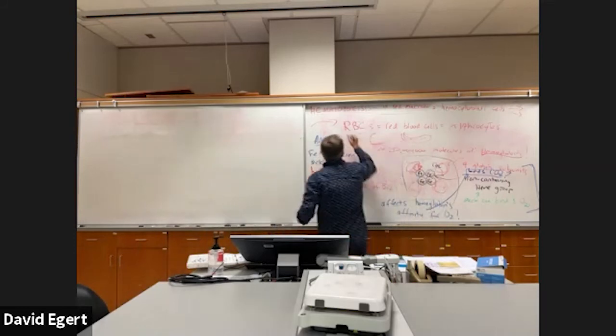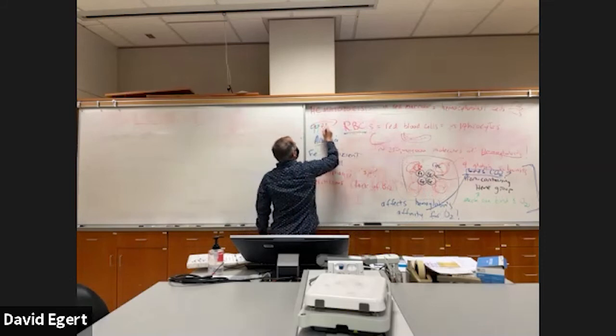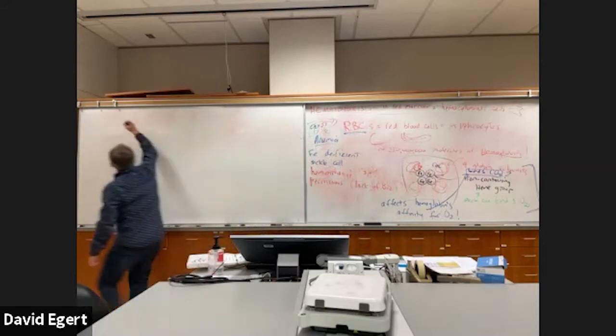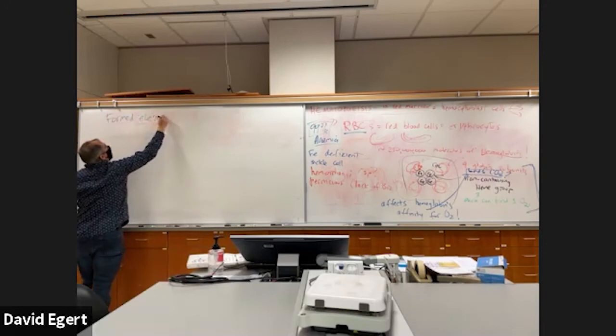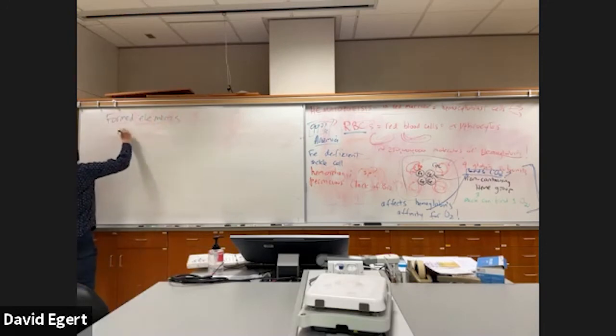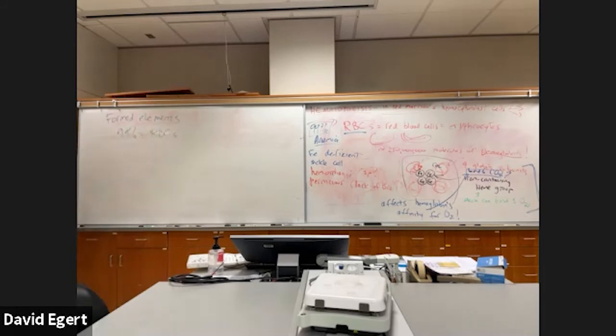Okay, so RBCs. These are maybe 99% of the formed elements. They are almost all of your blood cells.